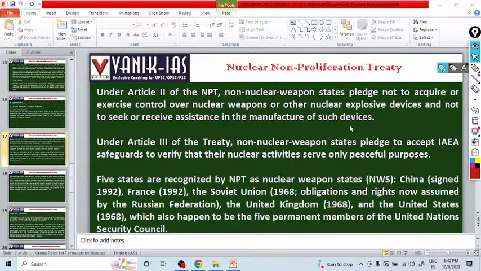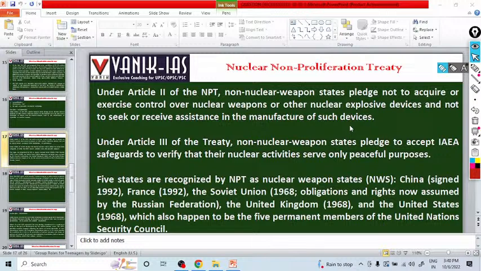That is Article 3 of the NPT. This is regarding the non-nuclear weapon states. They pledge to accept the International Atomic Energy Agency, the nuclear watchdog of the world, safeguards to verify that their nuclear activities serve only peaceful purposes.